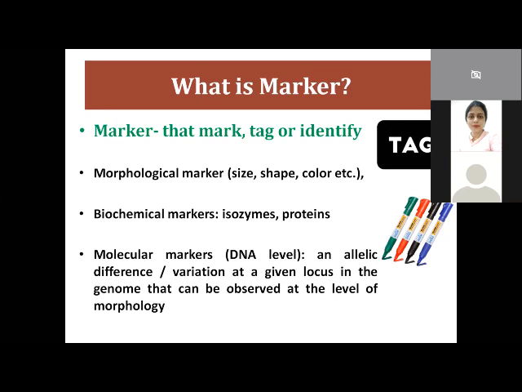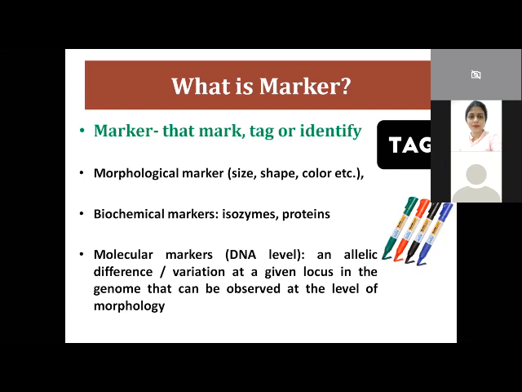Okay, so if you use anything to mark or tag or identify something from a group, that is a marker. And a marker can be of any type. Suppose the morphological marker: size, shape, color, etc., where we use the morphological character of the organism.